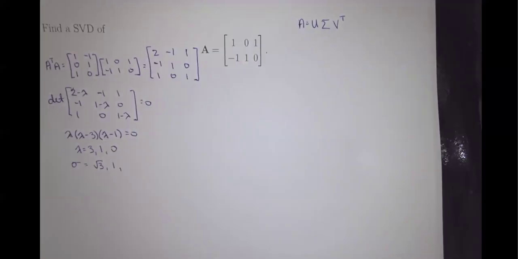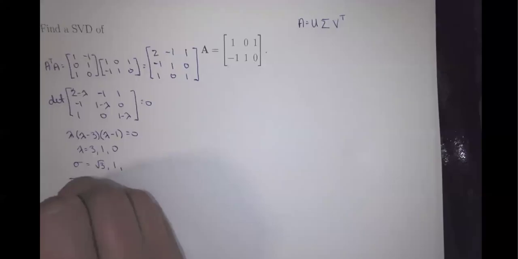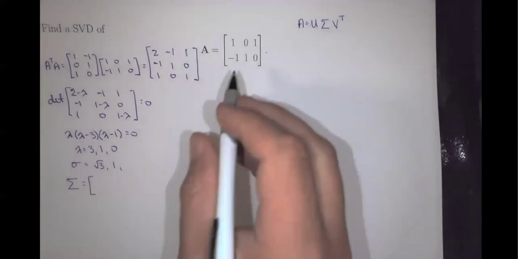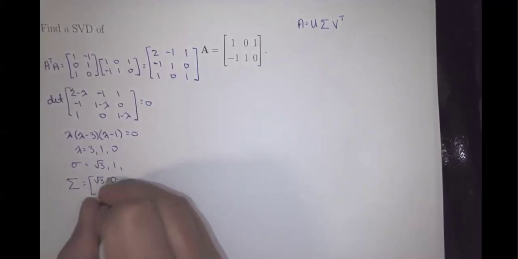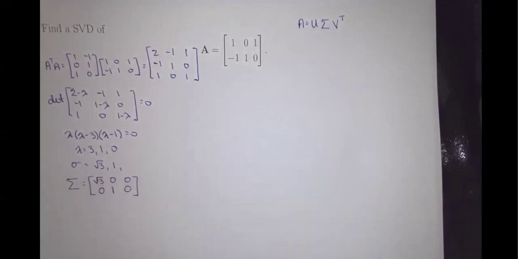So our sigma matrix, the reason we knew that we weren't going to have the 0 is because our sigma matrix has to have the same dimension as A. So we go root 3 and 1 on the diagonal, and we fill in the rest with zeros to make it the same dimension as A. So we've got our sigma, now we need our U and our V transpose.